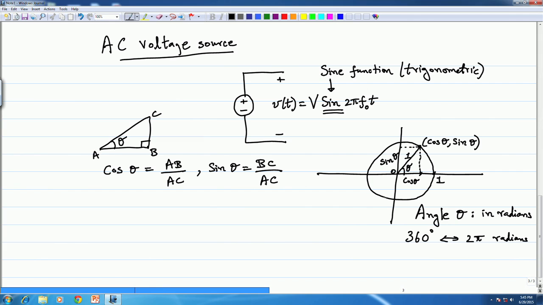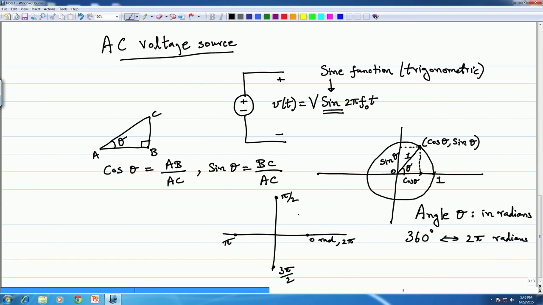So, one full complete circle you have finished around this and that is 360 degrees, and that is equal to 2 pi radians. Okay. So, if you want me to show it once again, okay. So, the angle here is 0 radians, the angle here is pi by 2 radians, the angle here is pi radians, the angle here is 3 pi by 2 radians, and what is 2 pi radians? It is back here again.